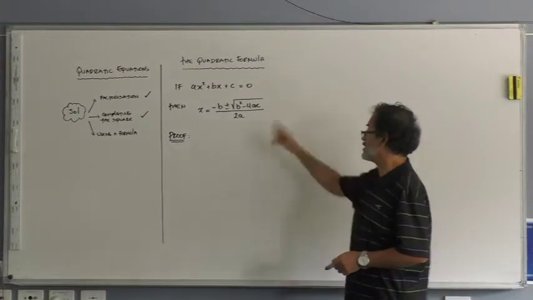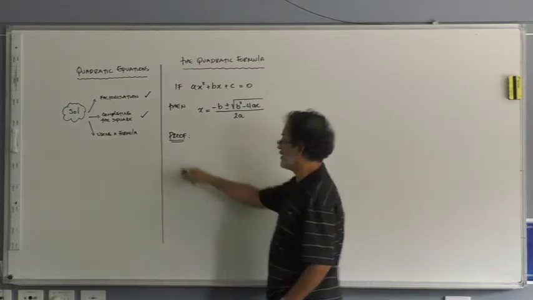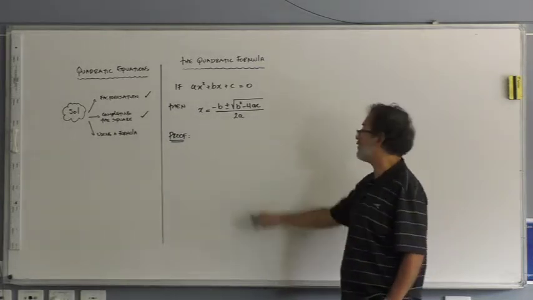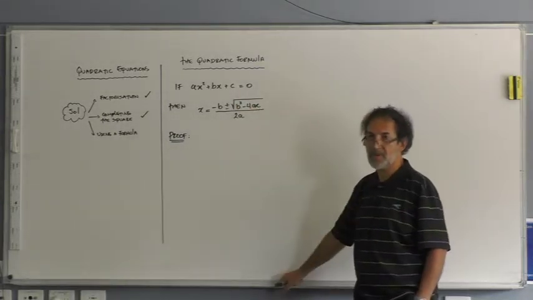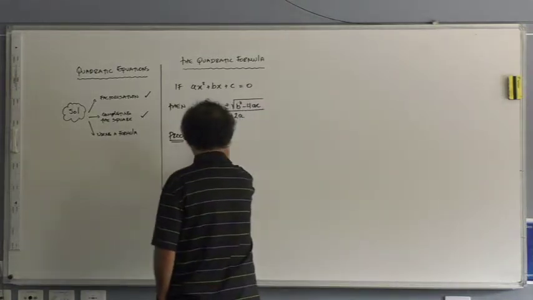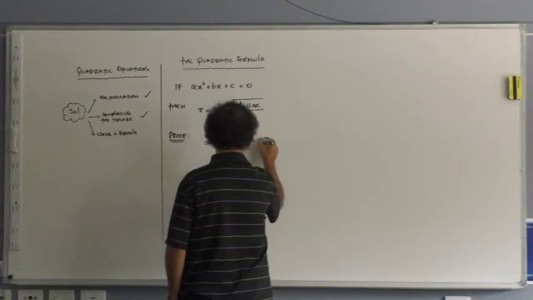To prove that this is true, we are going to use the second method. We are going to complete the square for this equation. So here we go: ax squared plus bx plus c equals 0.